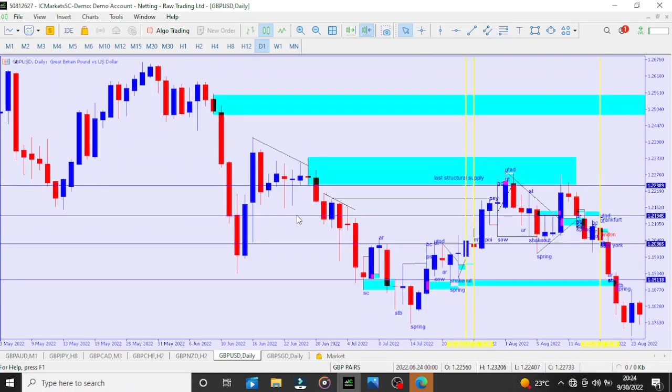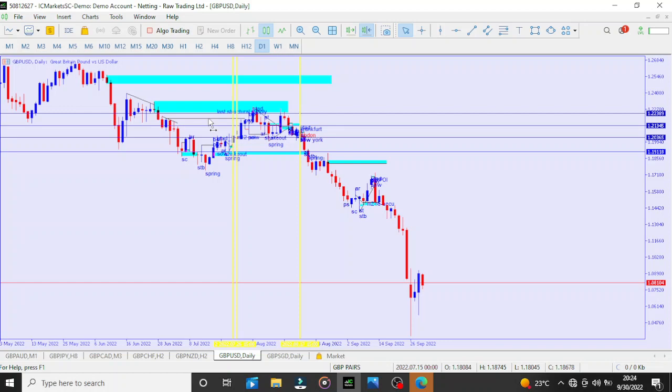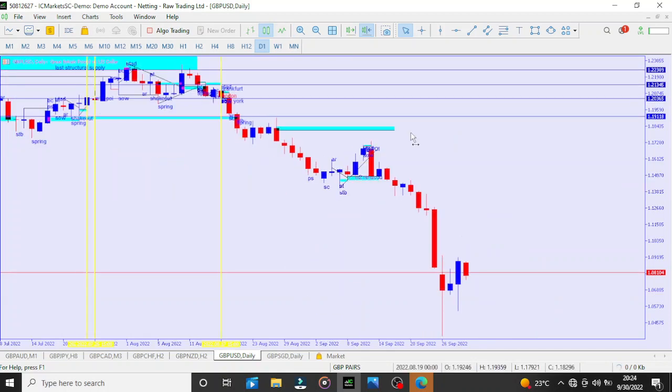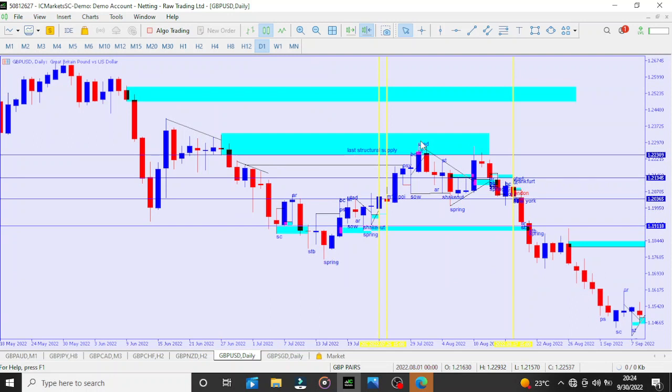So I expected to sell as the price approached this supply zone because it was the last supply zone on this bearish leg. If the price went above this point of interest, our bias would have changed completely.